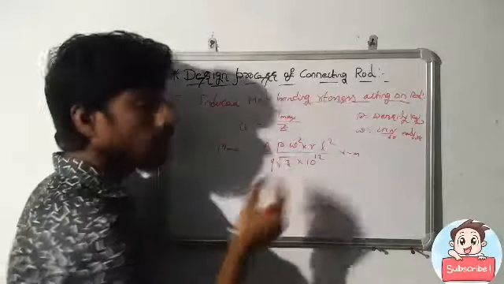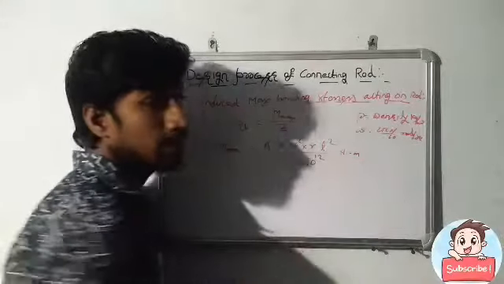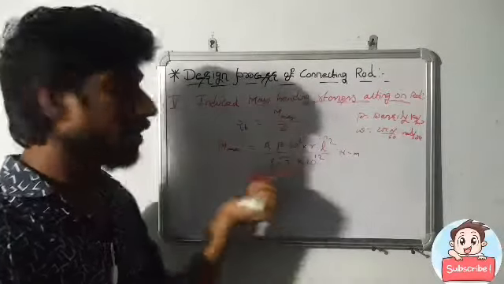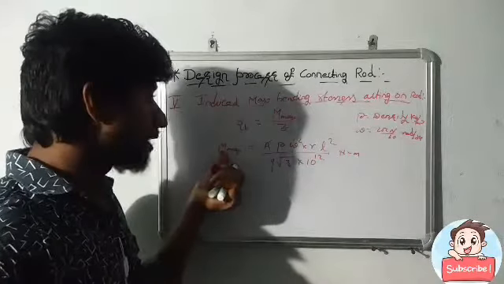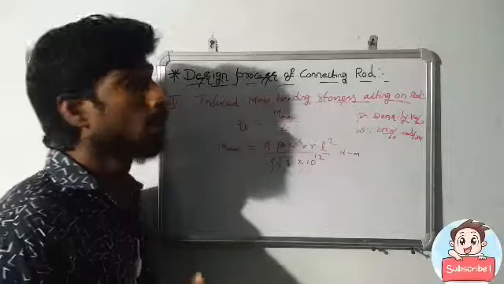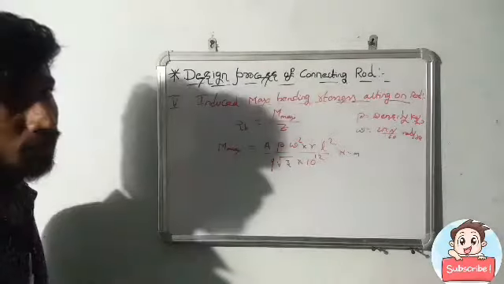After that, R is the radius of the crank and L is the length of the stroke. When we know all these terms, it is easy to find the M maximum. When we know the M maximum, it is easy to find the maximum bending stress induced on the connecting rod. So this is about the fifth step.